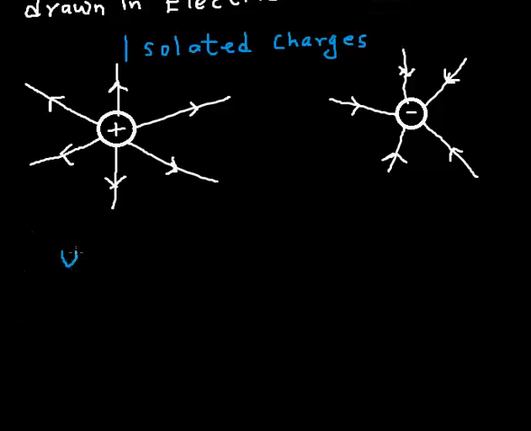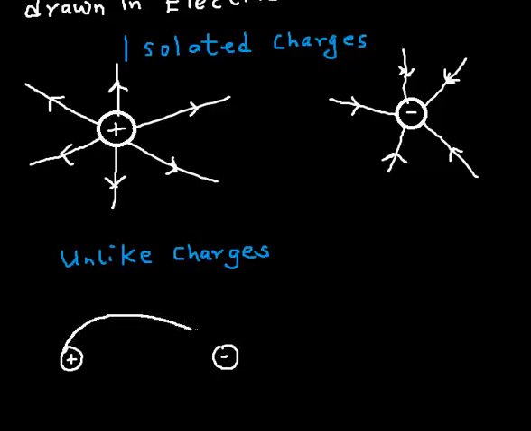Let's look at unlike charges, of course, a positive and a negative charge. Let's see how that works. This positive and this negative, we know very well that there's going to be attraction. So the line will move from the positive to the negative.